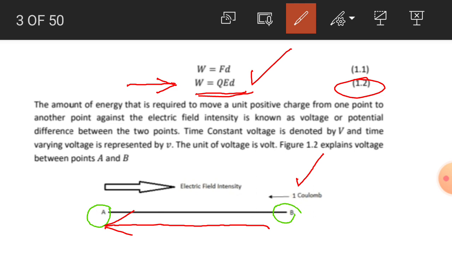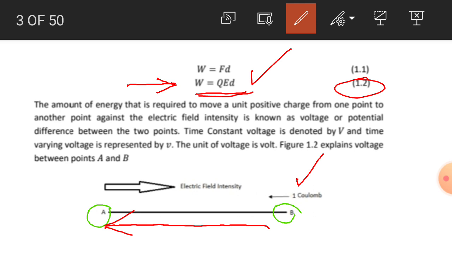If I want to find out the potential difference between point A and B, I need to replace this charge of q coulomb in equation number 1.2 by 1 coulomb.